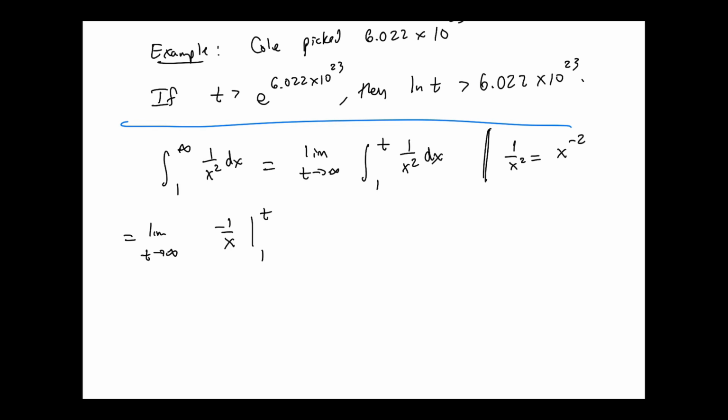Good? All right. So if I do the fundamental theorem, I have to plug in a t and subtract what I get when I plug in the 1. So that gives me negative 1 over t plus, because I've got a double negative, 1 over 1. Okay, good.